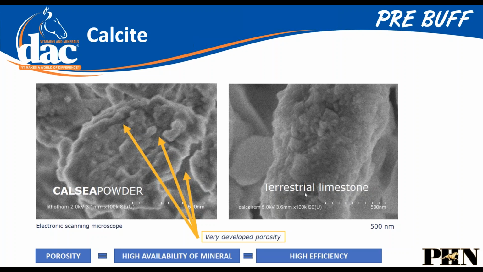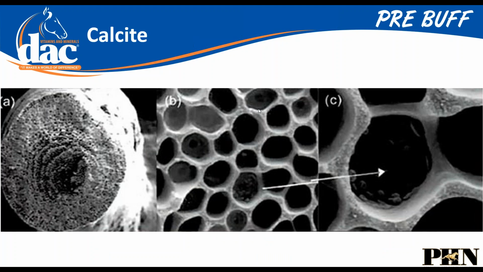But our typical limestone or calcium carbonate is more solid, so it doesn't have as much surface area to buffer the stomach acid. But the calcite that we're using is very porous, so it's very highly available and very efficient. Here you can see that honeycomb structure of the calcite that we're using.